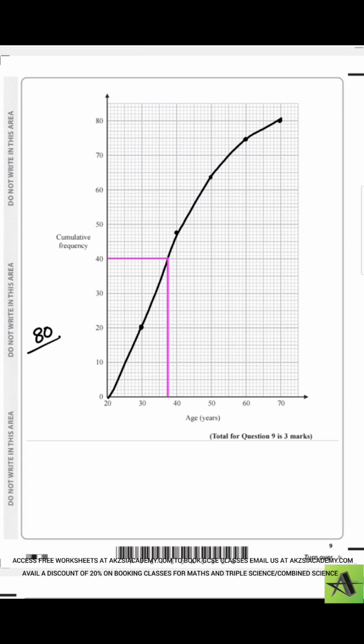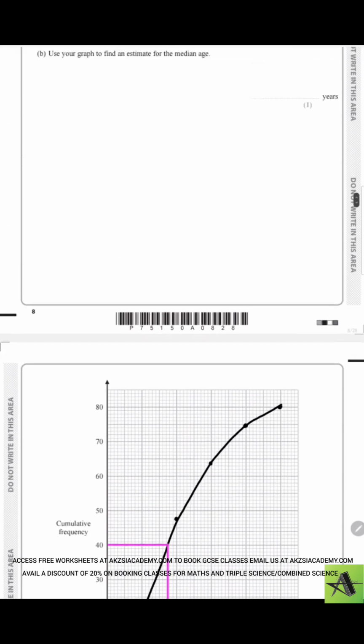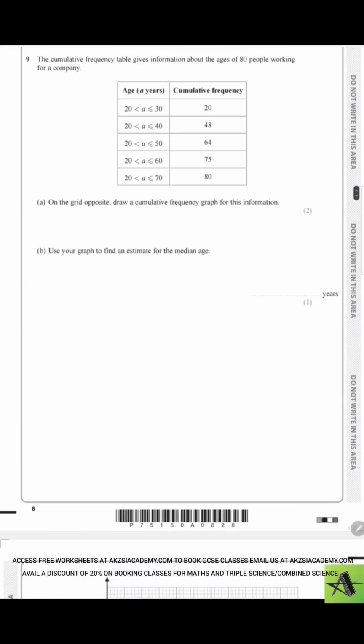This value, I would say, approximately will give you 37. I would say 37, 38 in between. So I would take 37 as the answer. You can get any value between 35 to 38, I would say. So my answer is finally 37. Median is 37.